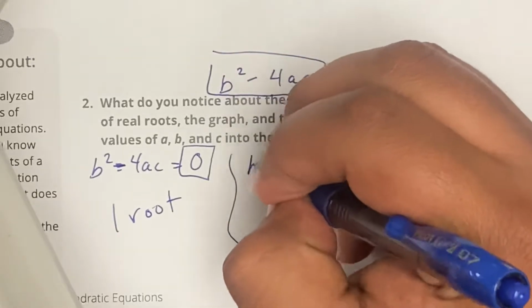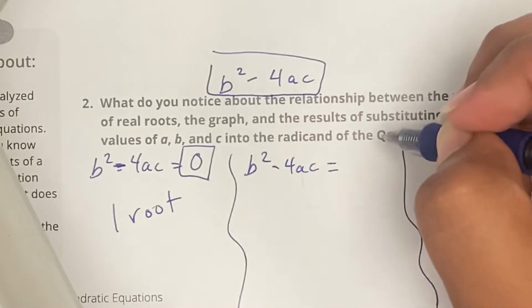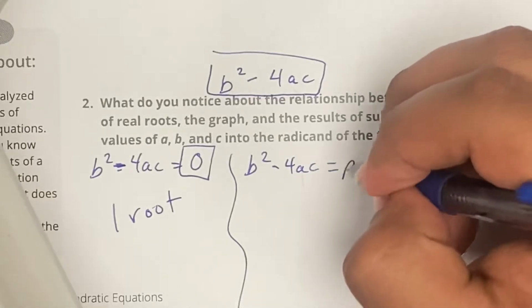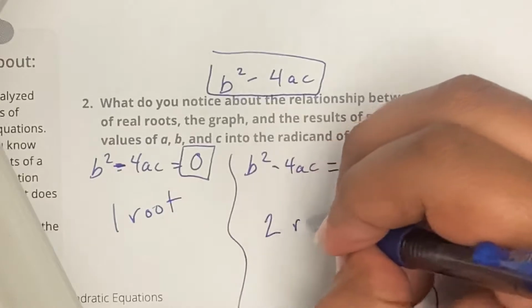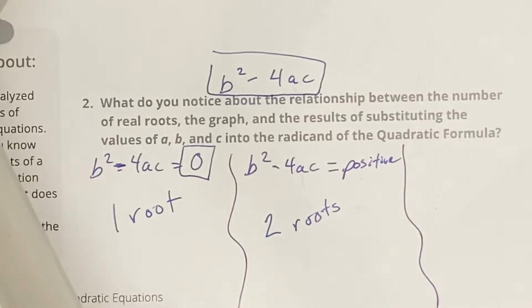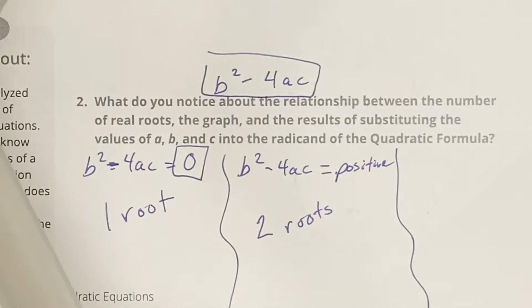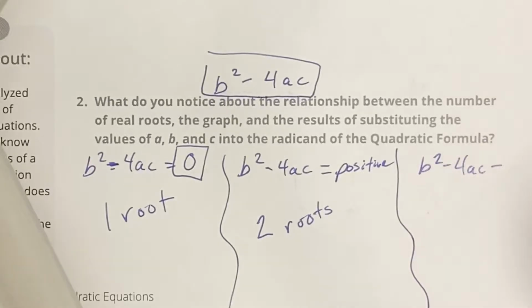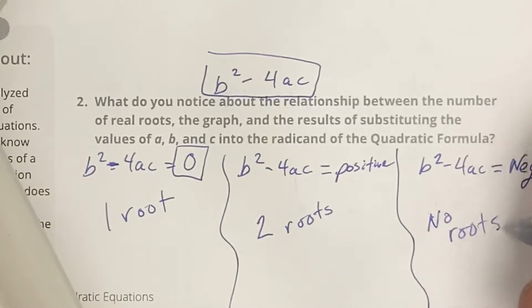If we do b squared minus 4ac, and it gives me a positive number, that means I have two roots. If we have a negative number, that means we have no roots.